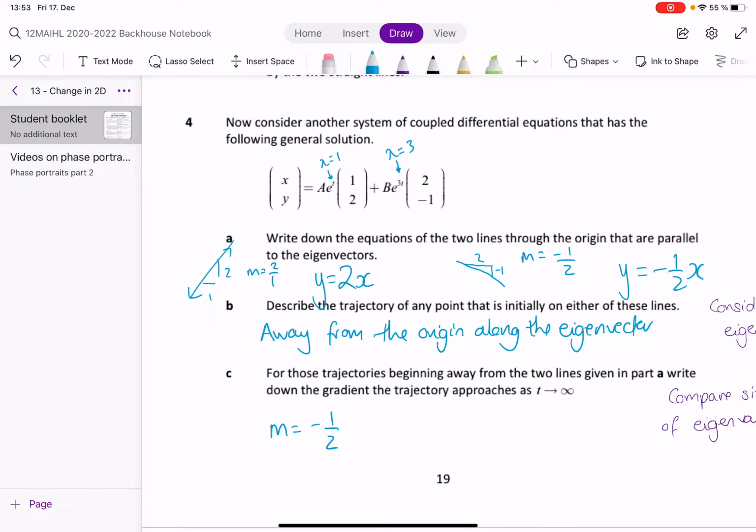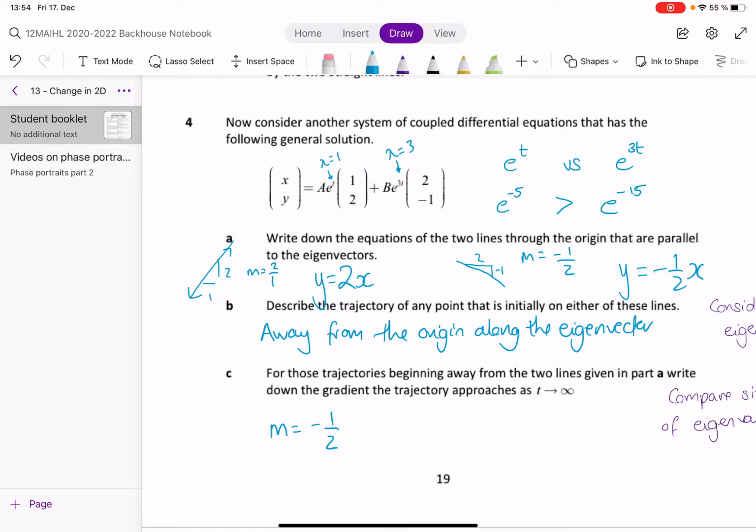So if we have negative time, a negative t value, the larger of the two parts of our general solution will be the first part. We're comparing e to the t with e to the 3t. If we put in a negative value, say we put in negative 5, e to the negative 5 is going to be bigger than e to the negative 15.